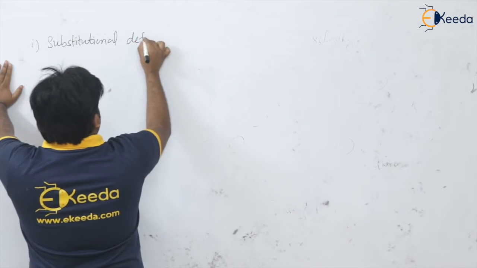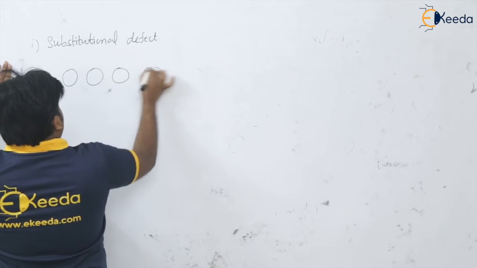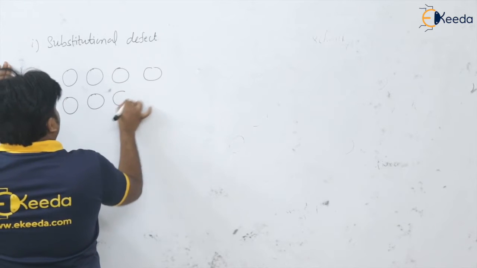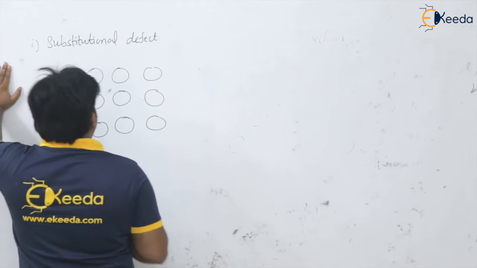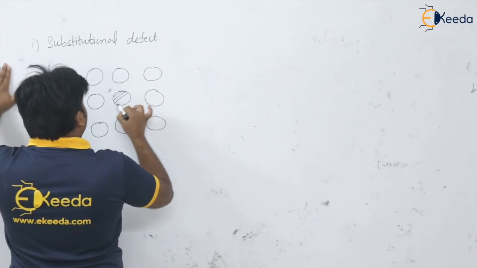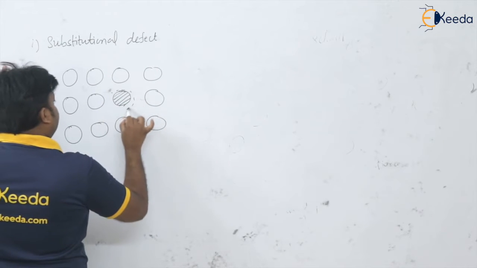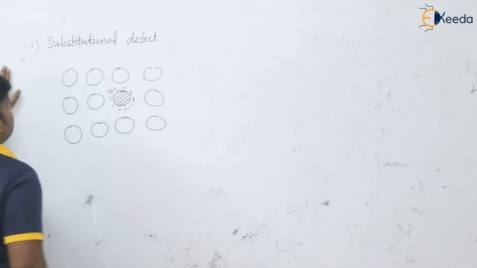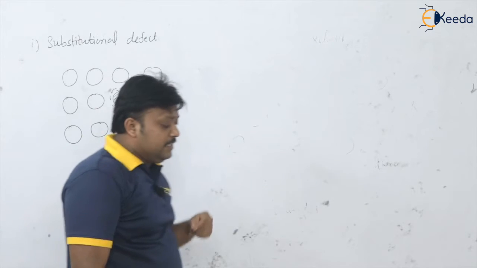Now if you talk about these extrinsic defects, we are having the substitutional defect. Here in this regular atomic arrangement, the foreign atom or impurity is going to substitute the host atom. The foreign atom comes and substitutes this host atom here. So this defect is known as the substitutional defect. So what is meant by substitutional defect?